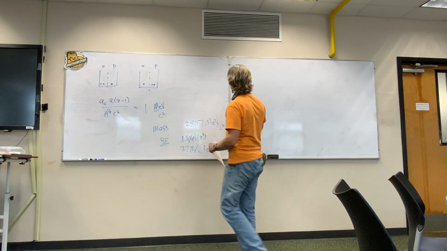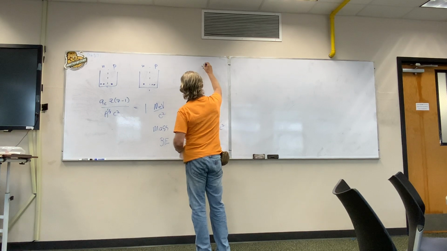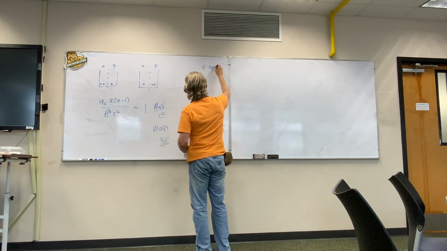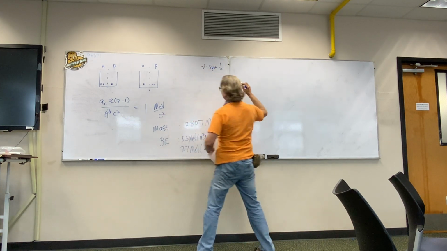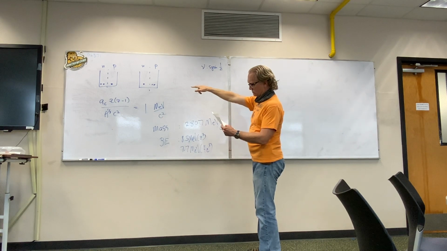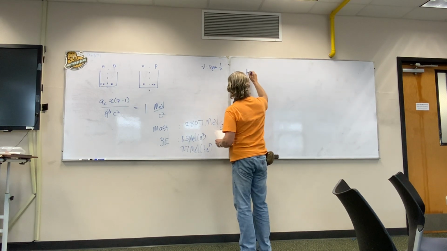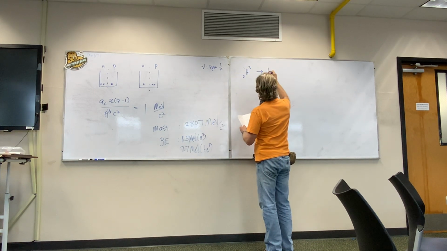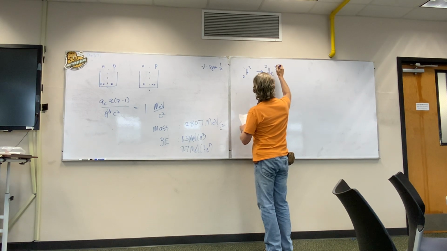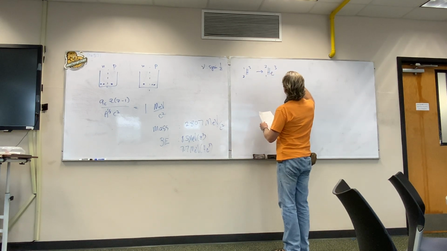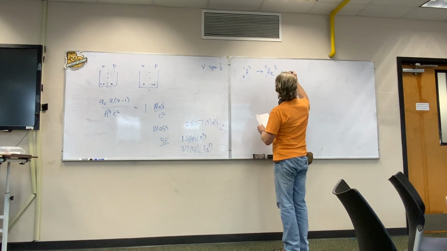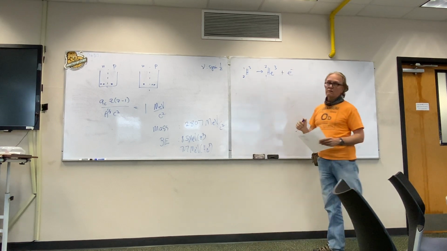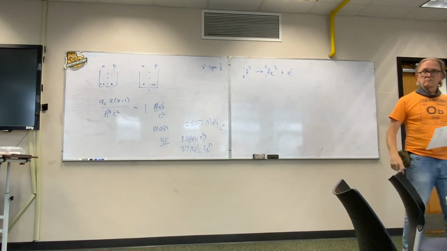And it must have spin 1/2. So this neutrino must have spin 1/2. Let's see if we can figure out why. Because in the process there, I have a hydrogen-3 going to a helium-3 plus an electron. That's what's seen, plus this ghost particle.